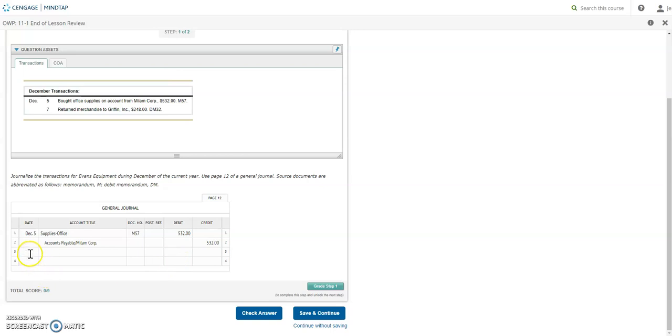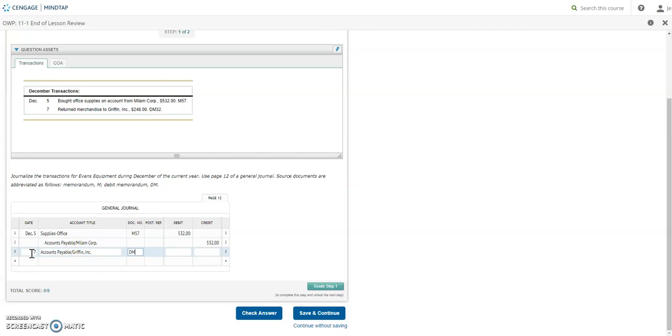All right, December 7th. I'm going to put in the date right away. It says that I returned merchandise to Griffin Incorporated, $248, debit memorandum 32. So since I returned merchandise to Griffin Incorporated, that means that I don't owe them as much money anymore. So I'm going to debit Accounts Payable / Griffin Incorporated.